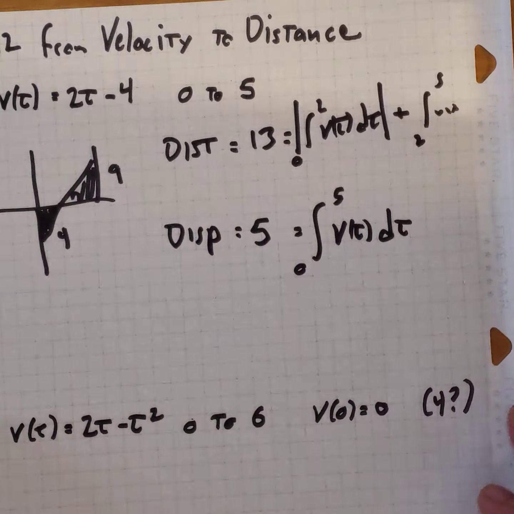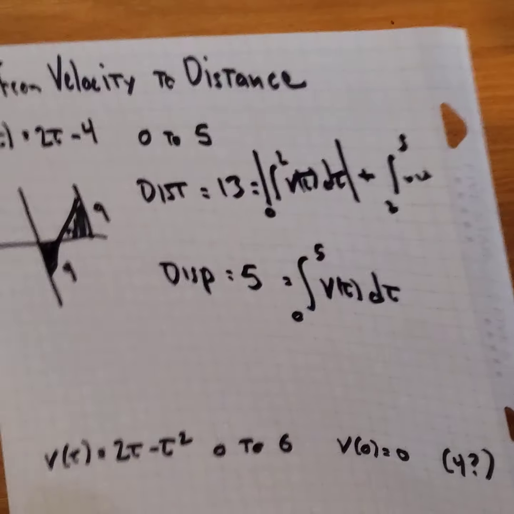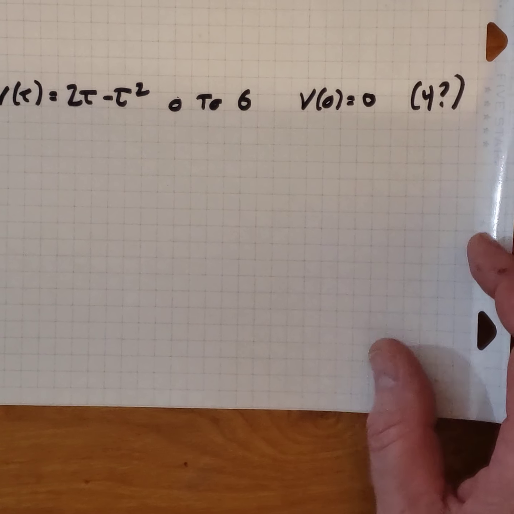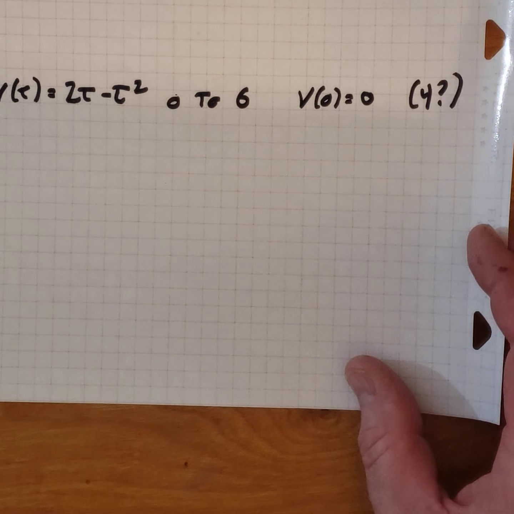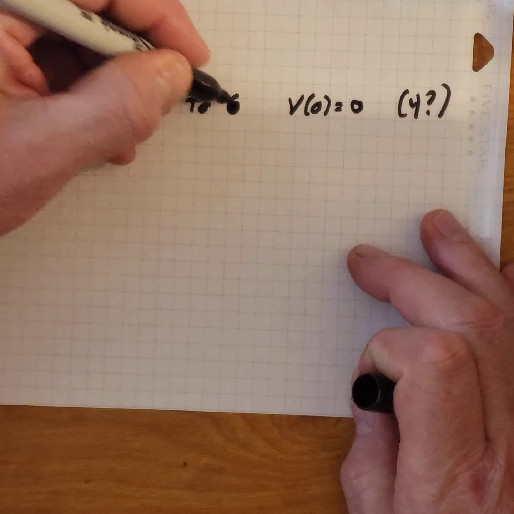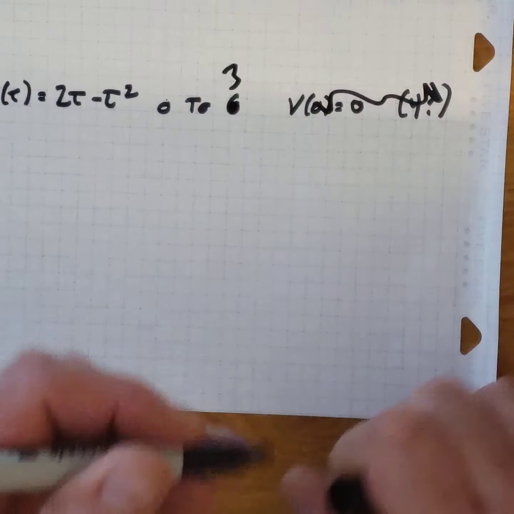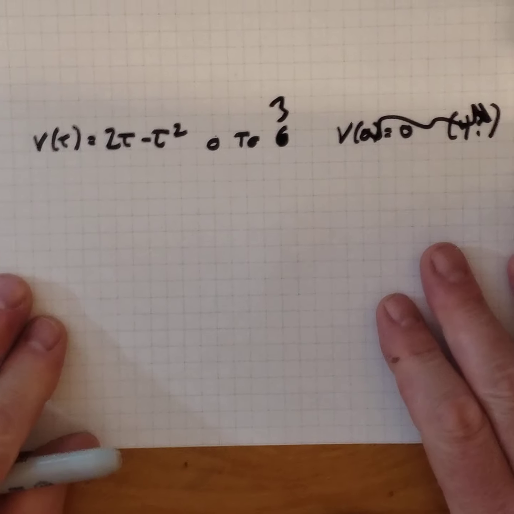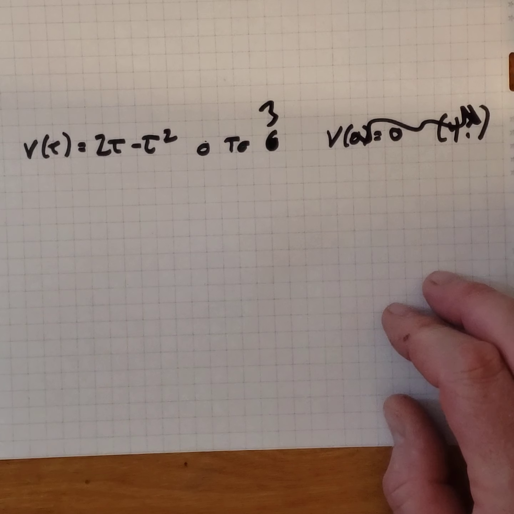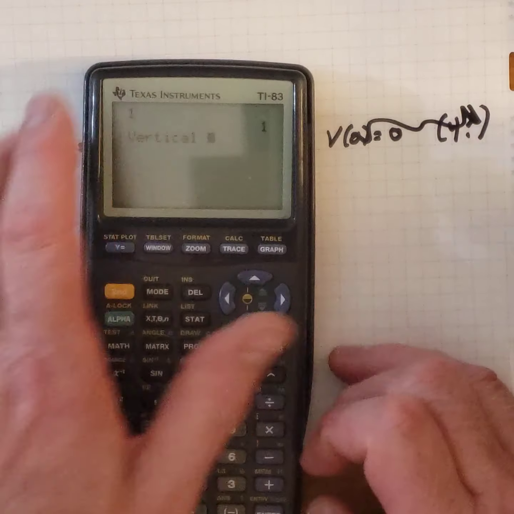Now let's look at a slightly different example here, and I think I copied this incorrectly out of my notes. I did. That's just supposed to be from 0 to 3, and that belongs to our next lecture here. So we have a different velocity, 2t minus t squared, from time equals 0 to time equals 3.